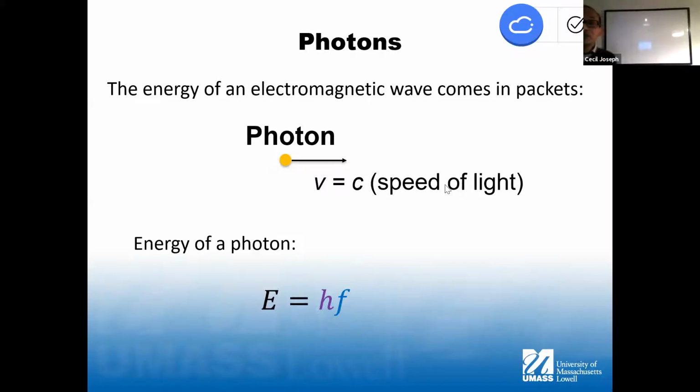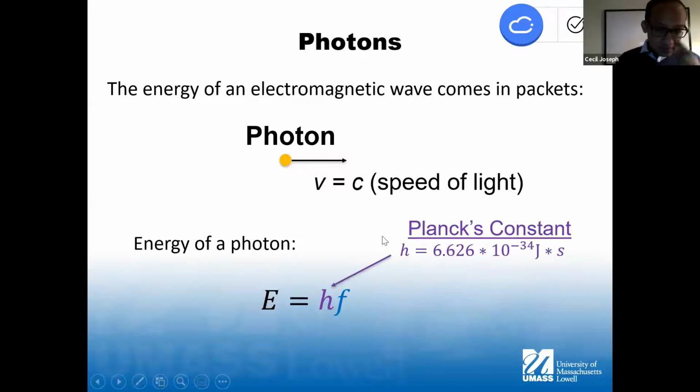As we move forward, this is our story so far. We're thinking of light in the photon picture as particles which have momentum and energy, and in the wave picture as an electromagnetic wave. The energy in an electromagnetic wave, if you remember, is stored in the amplitude of the wave.